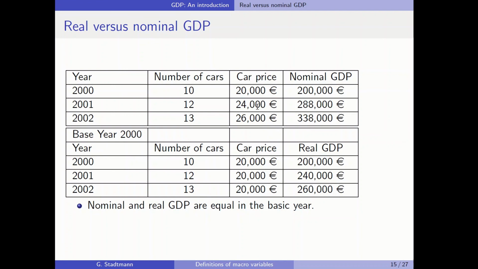And the remaining 4% stem from a combined quantity and price effect: more cars are sold at a higher price. So nominal GDP increases because production is up and because prices are up. Real GDP instead only increases because production is up, because the prices are kept constant. The increase in real GDP is 20% due to the fact that the number of cars increased by 20%.